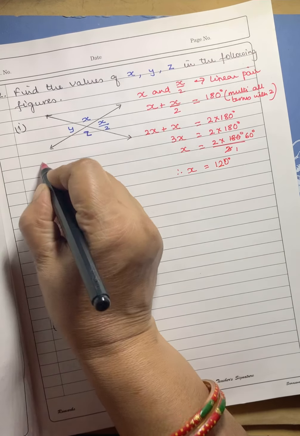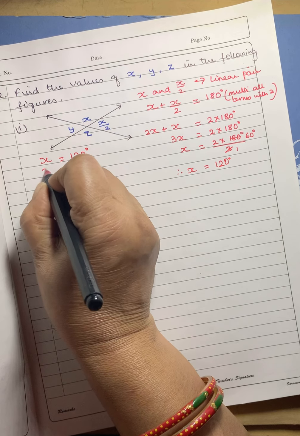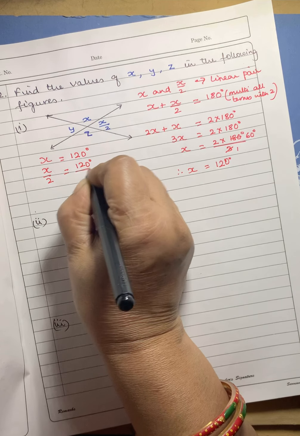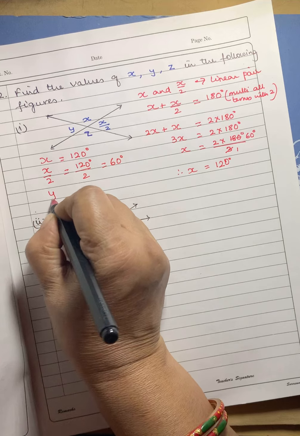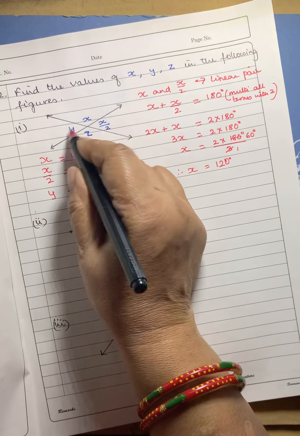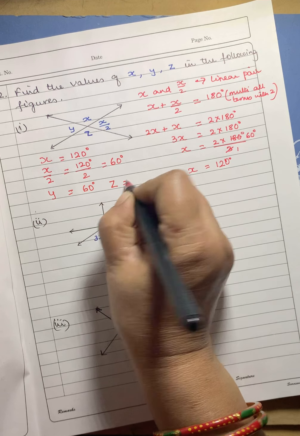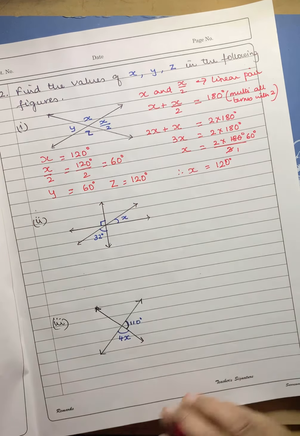So here x is equal to 120 degrees. x upon 2 is equal to 120 upon 2, which is equal to 60 degrees. y is equal to the opposite of this, that is 60 degrees. z is equal to the opposite of x, that is 120 degrees.